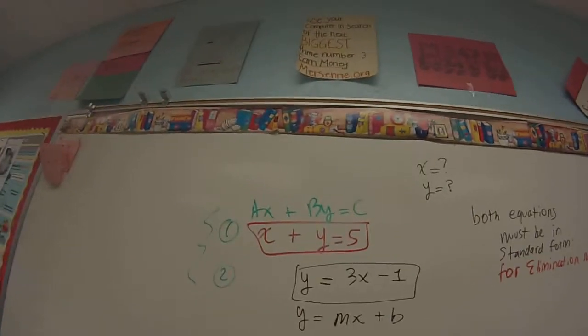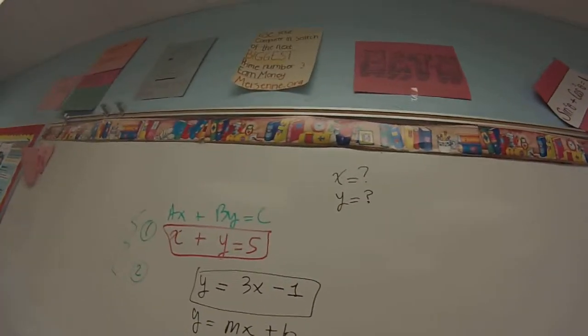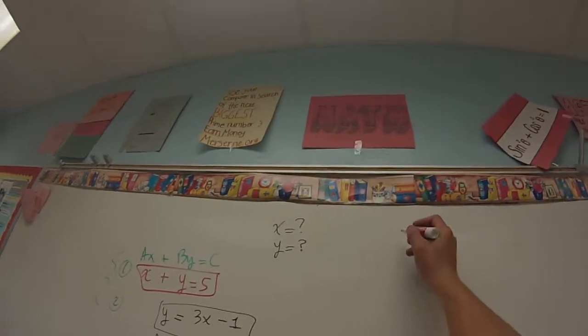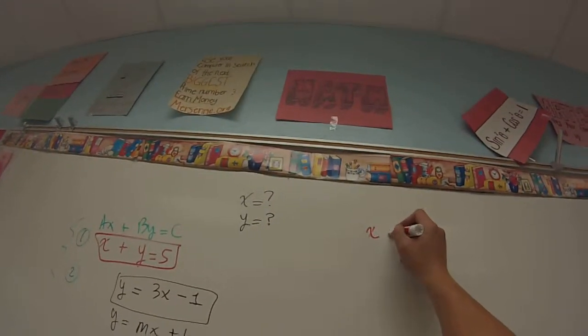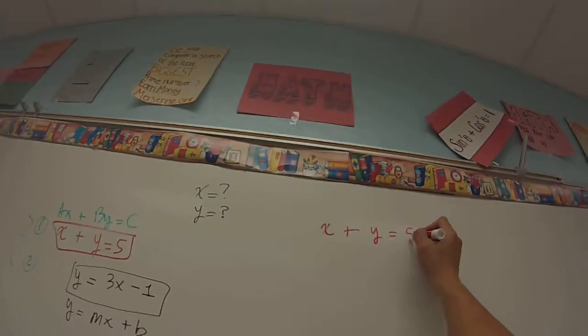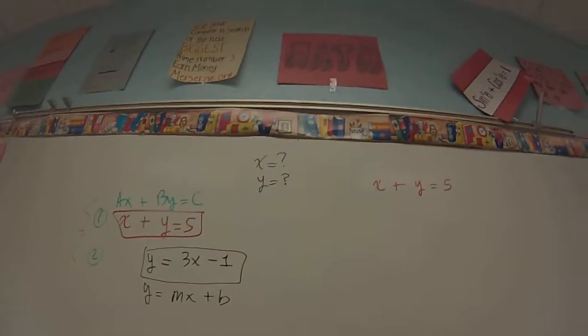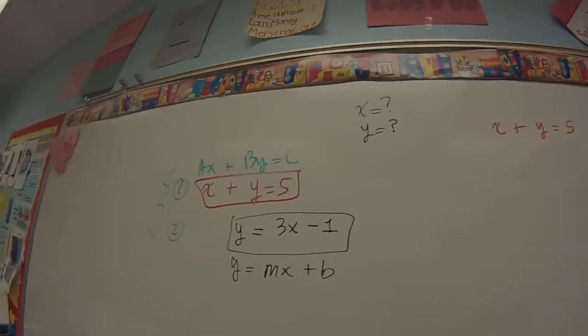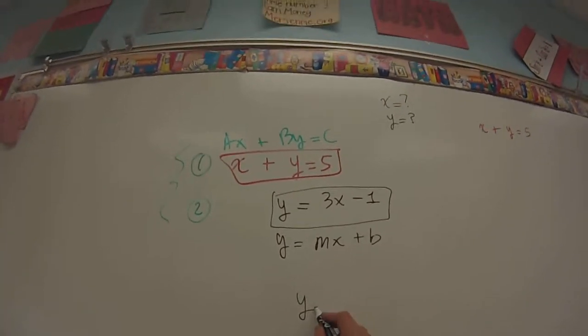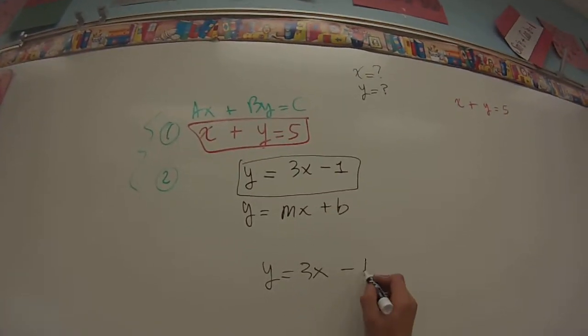Doing that will look like this. The top equation will stay the same, x plus y equals 5. The bottom equation, we're going to change into standard form. So let's work out the algebra real quick. I have y equals 3x minus 1.